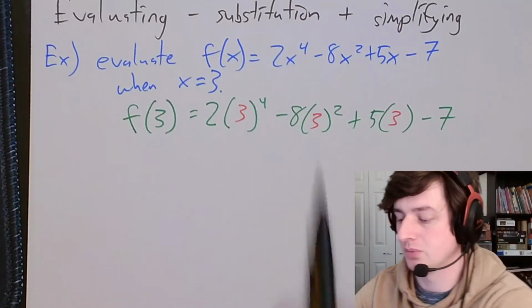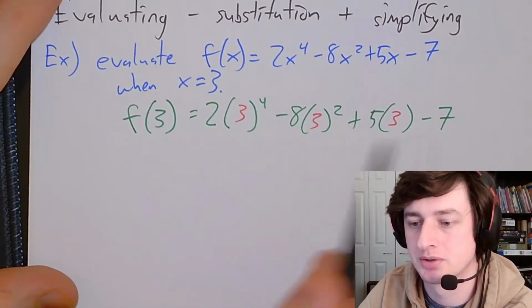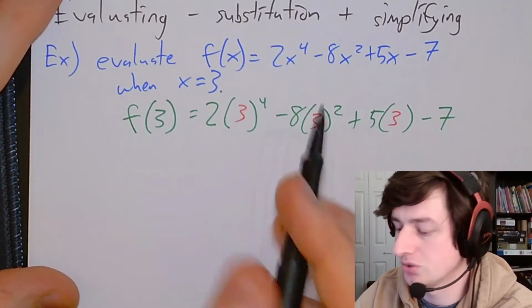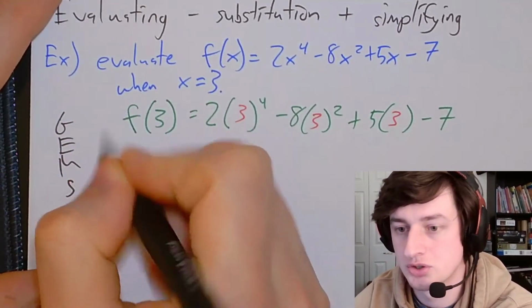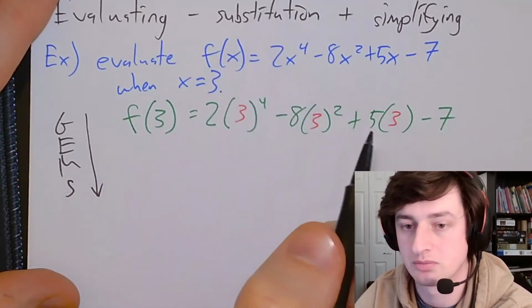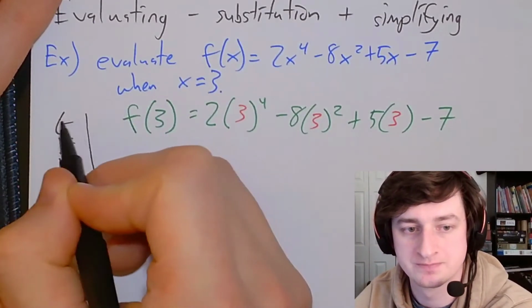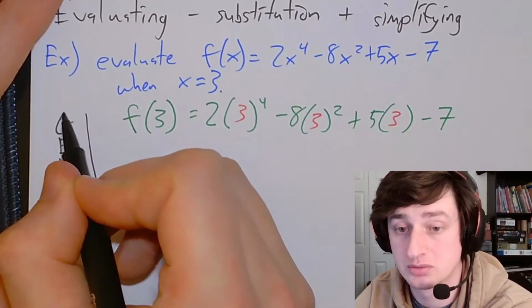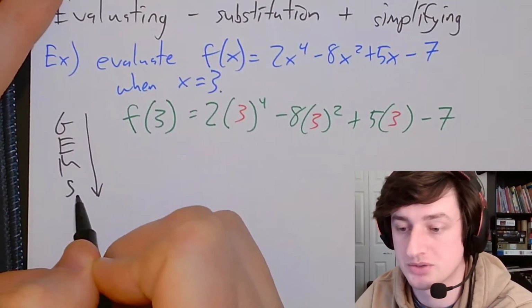So we did the first part. We substituted. Now we just need to simplify this. There are no variables here. And so we can use GEMS or PEMDAS to simplify. When we simplify, we start at the top and go down. So grouping symbols, that's parentheses, brackets first. Then we do the exponents, then we multiply, then we add and subtract.